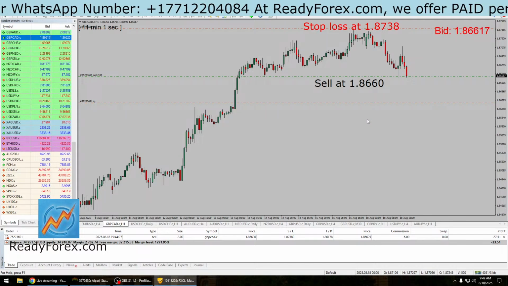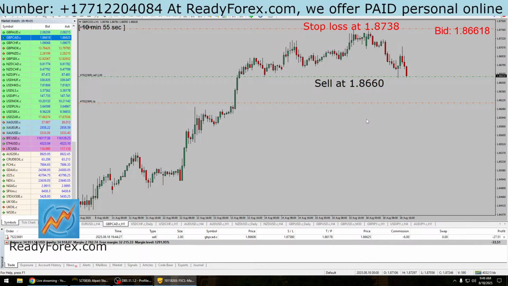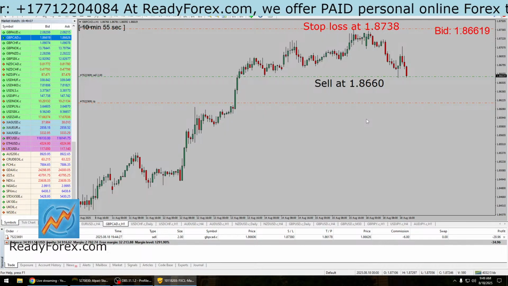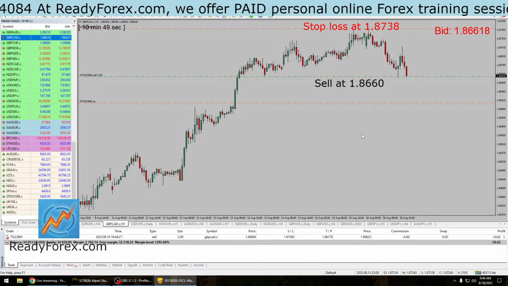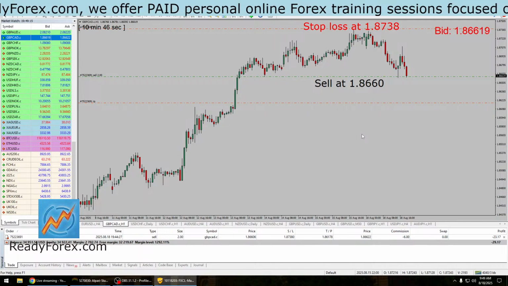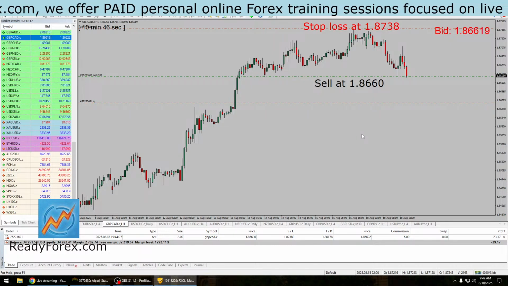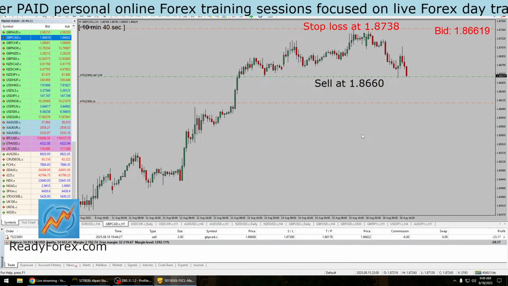So once you are in profit, you need to lower down the stop loss, lock in some pips. That's called trade management, because you can't rely on this market, not even for 1 second. So a sell trade is taken inside the GBP versus Canadian dollar currency pair.